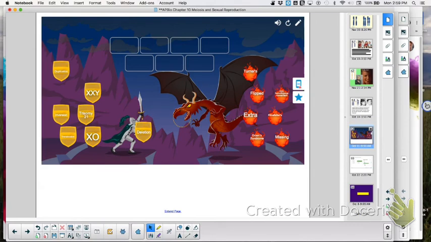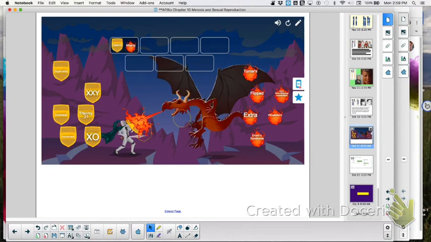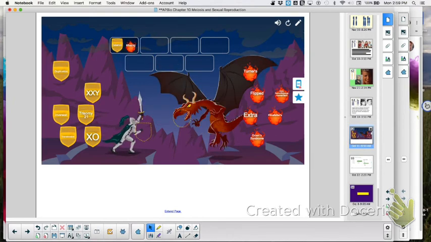Can anybody help me with deletion so I can do this for people at home? What one would go with deletion? Missing. Let's see. Yay, we're safe. What one goes with XO? Turners. Yay. What one goes with trisomy 21? Yes.